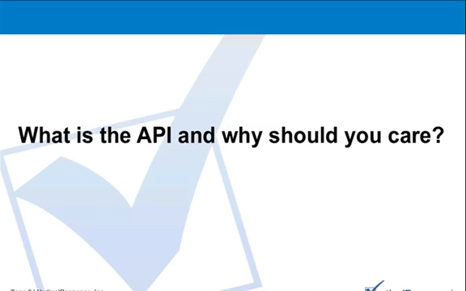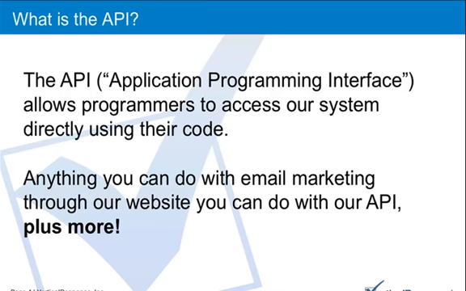So what is the API and why should you care? API stands for Application Programming Interface, and the best way to describe it is this: when you go to Vertical Response through a browser, you're using our website to create lists and create email, and you're interacting with buttons and links and images and all the things you expect from a website. Well, an API is exactly the same thing, but it's for programming, it's for language.